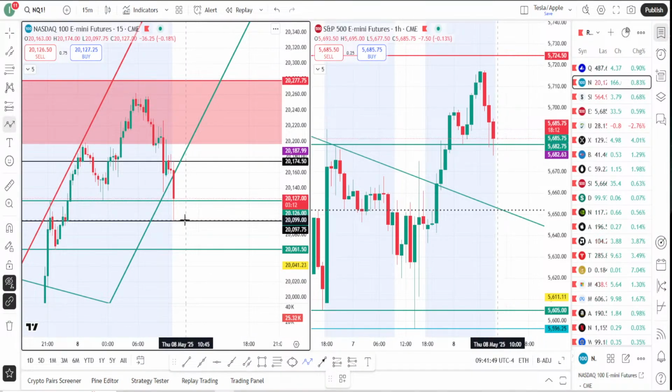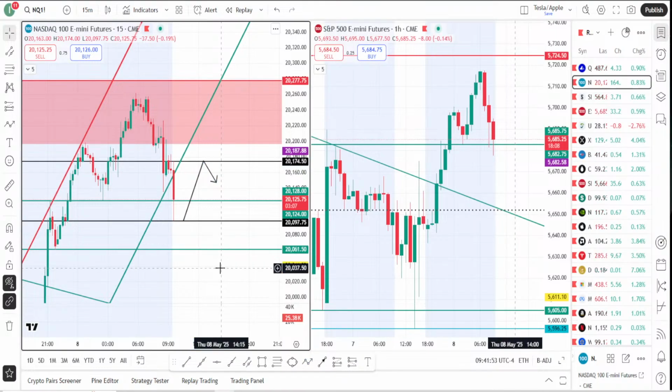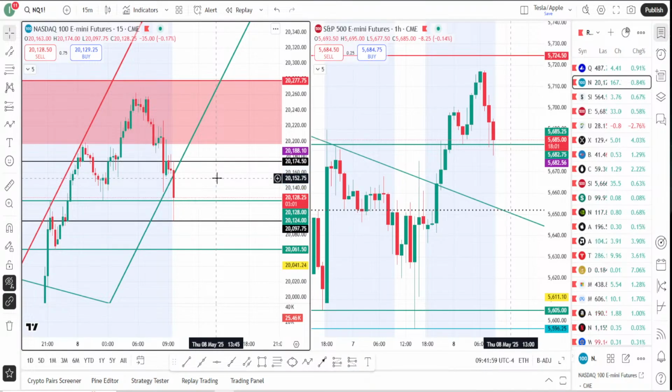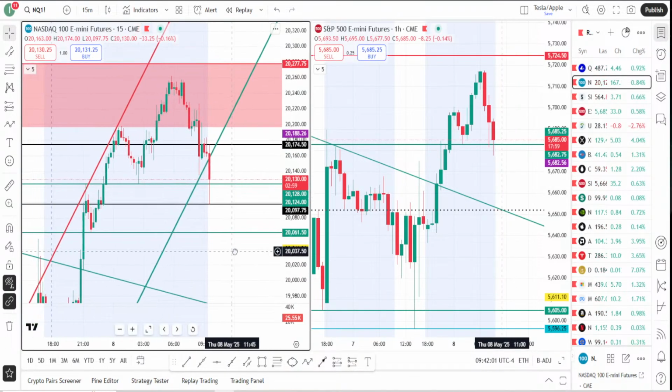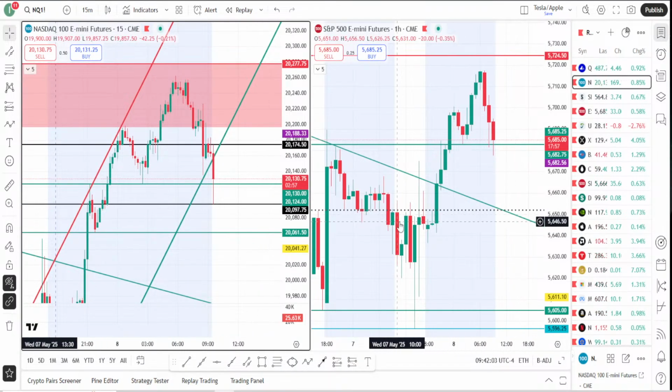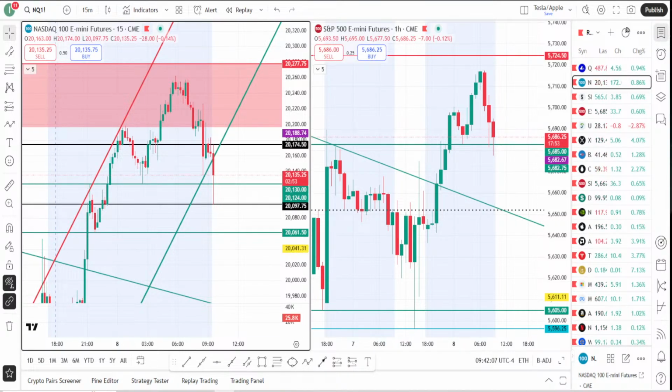Okay, so if we reject off resistance, I want to look to sell. Okay, this is strong buying down here. This is strong buying down here.